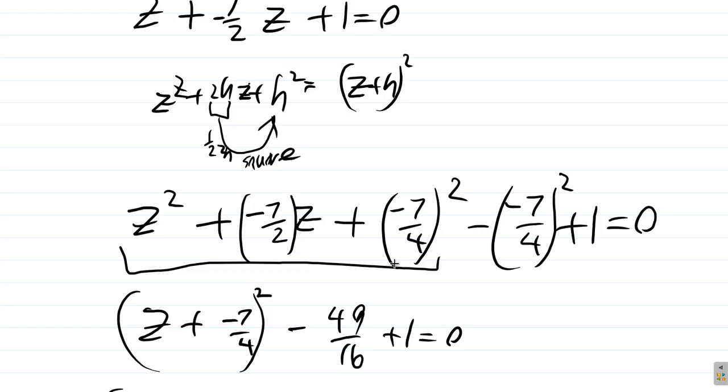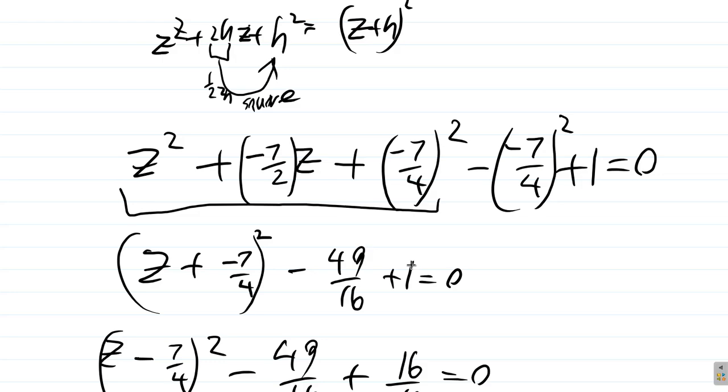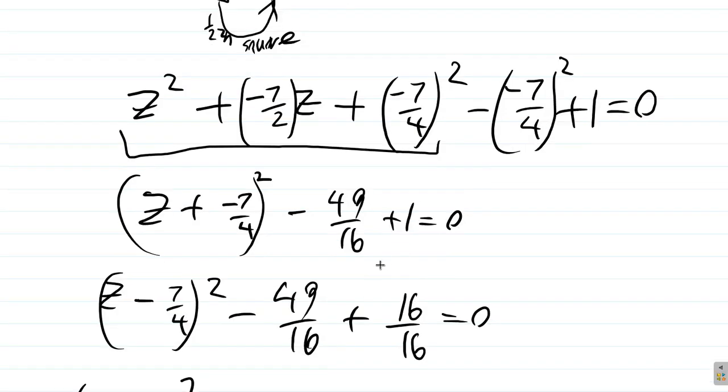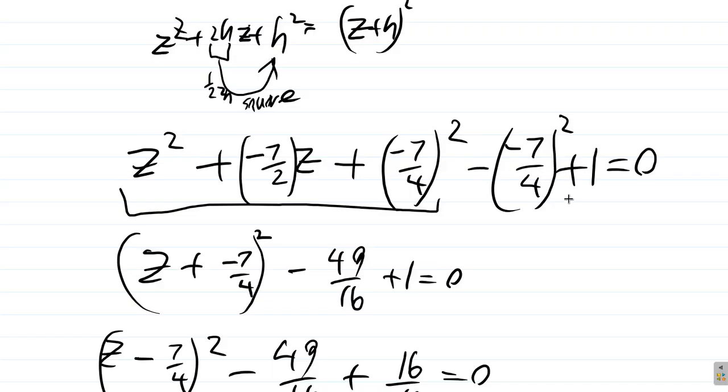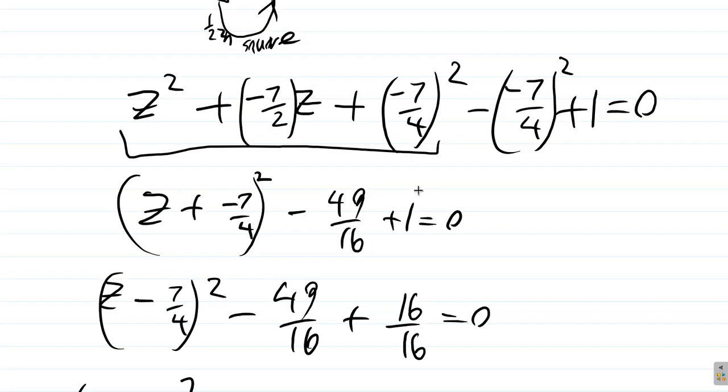So we have this was half the coefficient, 49 over 16. Hold on. Oh my, it seems like I made a mistake.